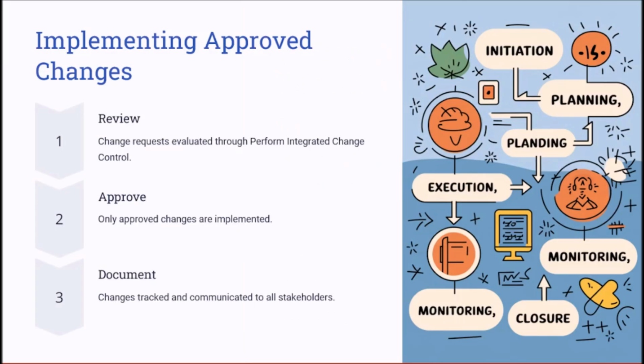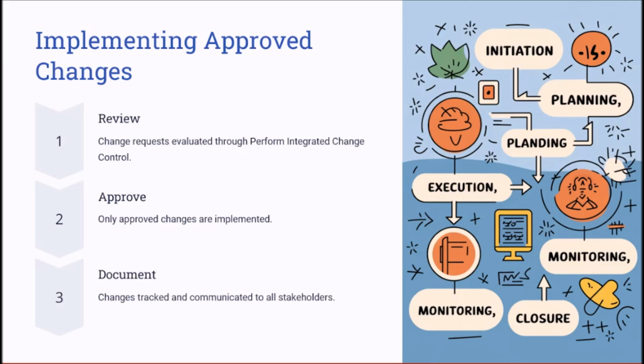A very important concept here is implementing the change requests, or the approved changes. Implementing approved changes ensures that the project adapts to evolving needs while maintaining control. All change requests are reviewed and approved through perform integrated change control before the implementation. Let's take an example here. In software development, let's say the client requests a new feature.